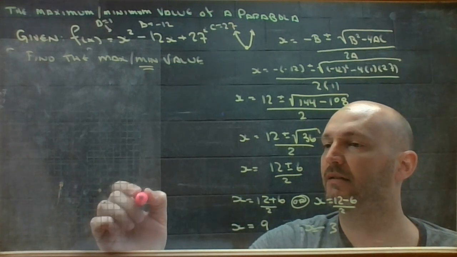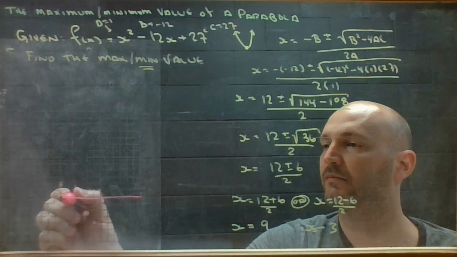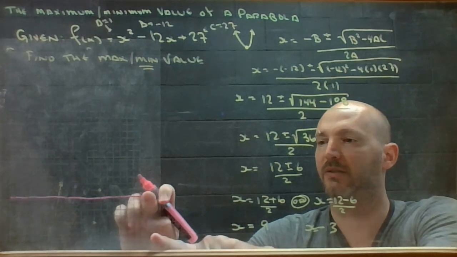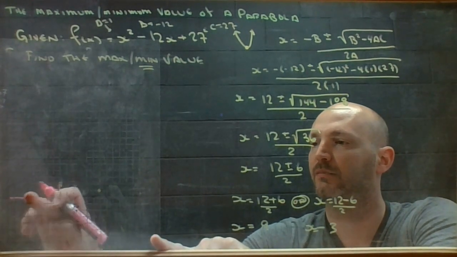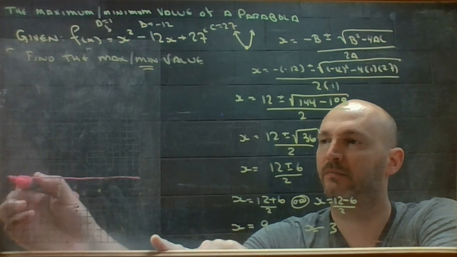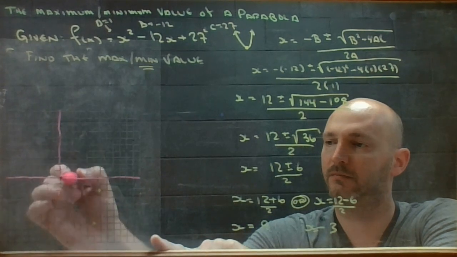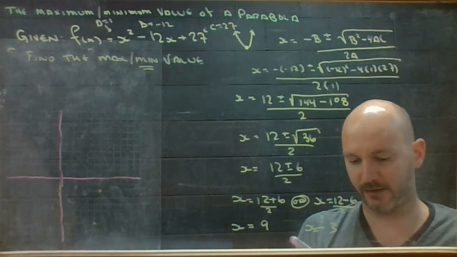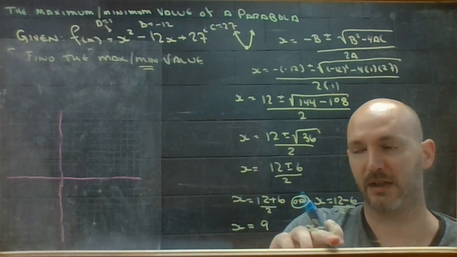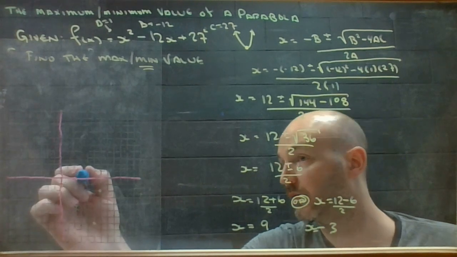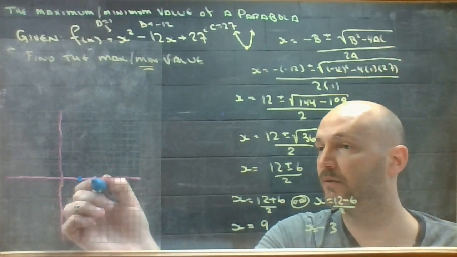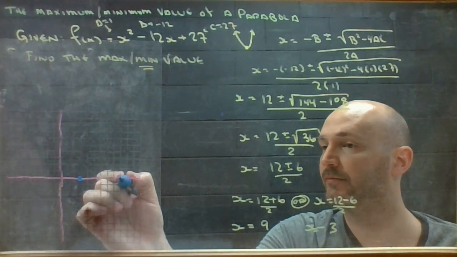Let me give myself an axis. All right. So I have an x-intercept at 3: 1, 2, 3. And I have an x-intercept at 9: 4, 5, 6, 7, 8, 9.